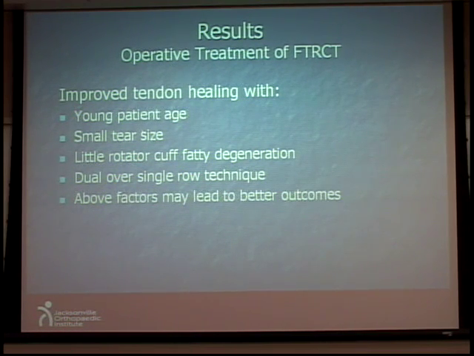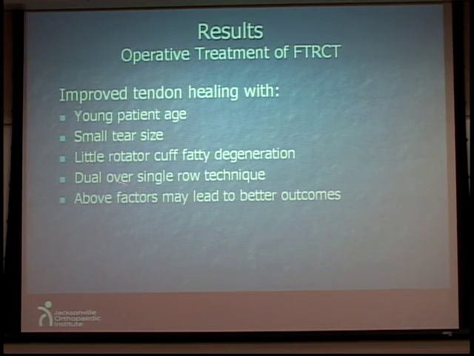As usual, it's good to be young, and younger people tend to have better healing of their rotator cuff. The smaller the tear, the tendon healing is better, and that's why it's a concern to leave the smaller tears alone, because we're concerned that they may grow, and we said they tend to enlarge in patients that are older, and when there's little fatty degeneration.